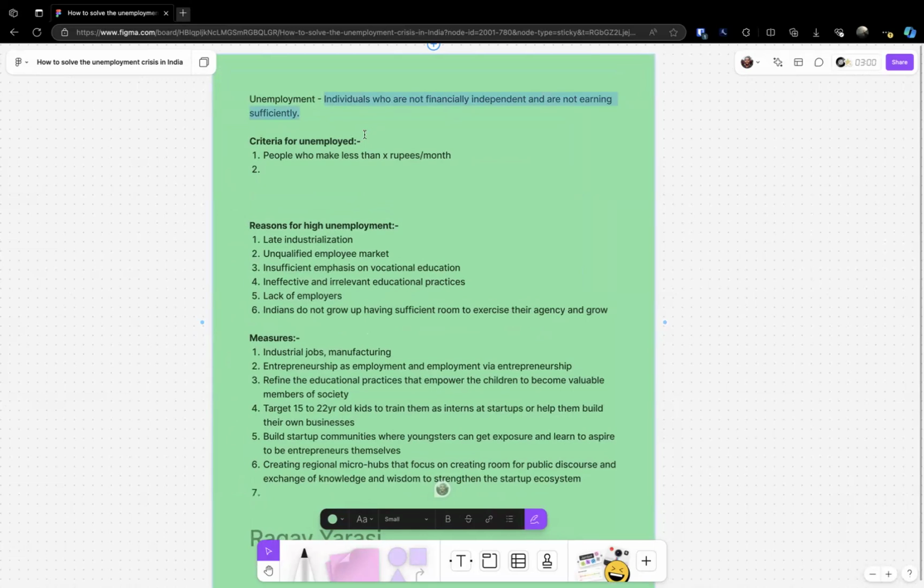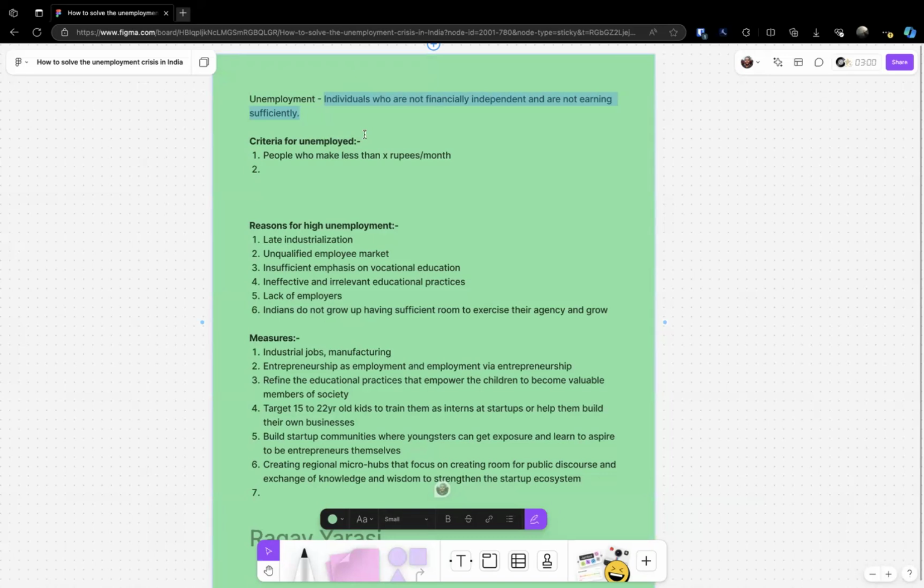Sometimes the definitions are very favorable to the government because they need to show the statistics. Sometimes they'll set the definition of unemployed as low as earning 28 rupees per day. Imagine earning 28 rupees per day living in a city. That's pretty crazy. I would suspect that you won't be able to afford even the basics.